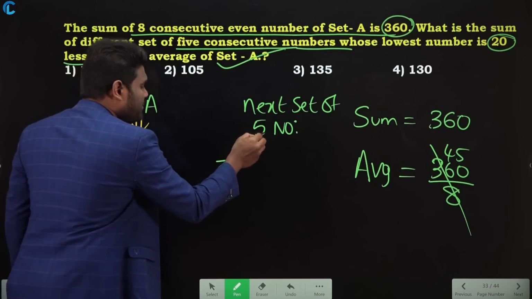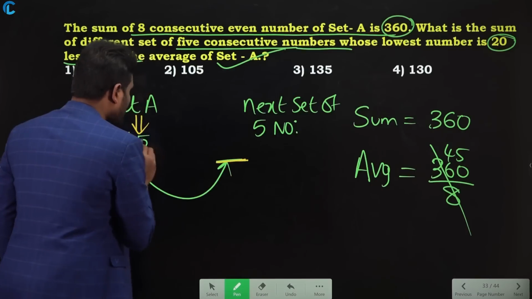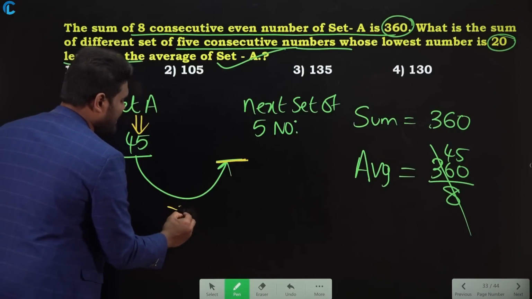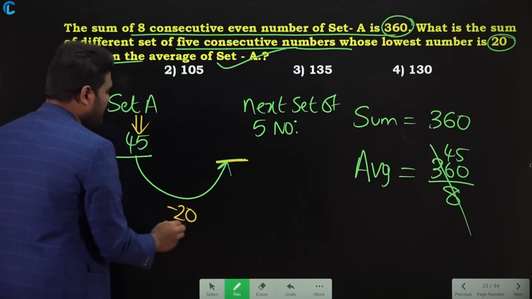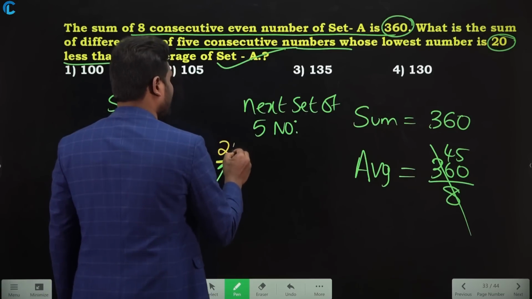Now this 5 numbers' lowest number is 20 less than the average. 20 less than average means 45 minus 20, which is 25.